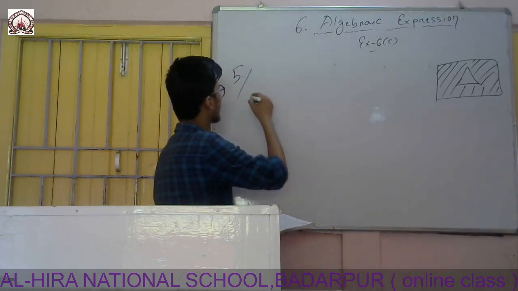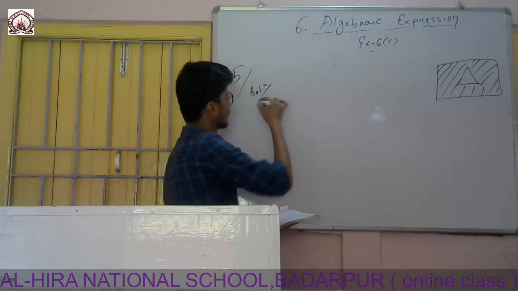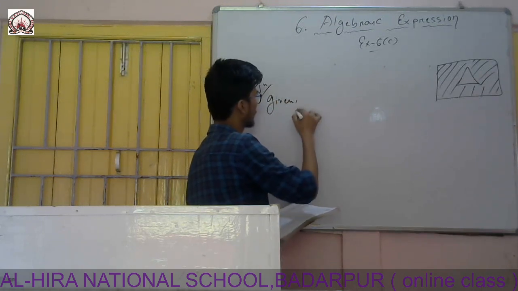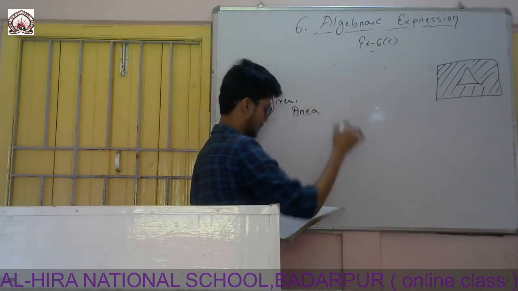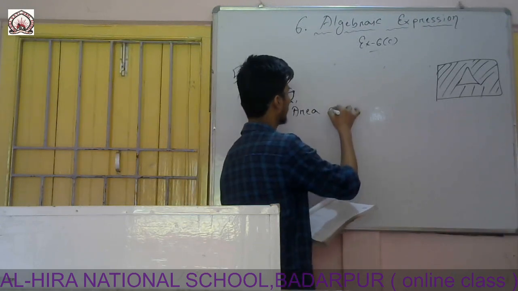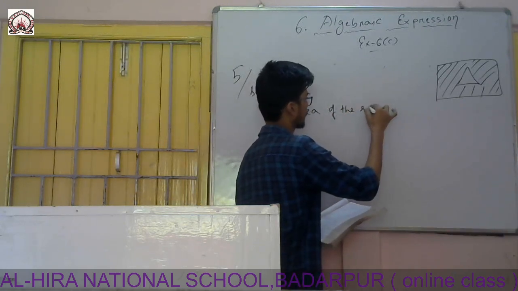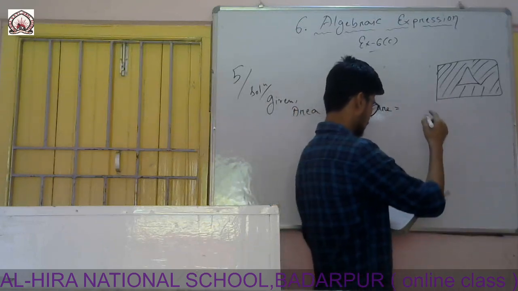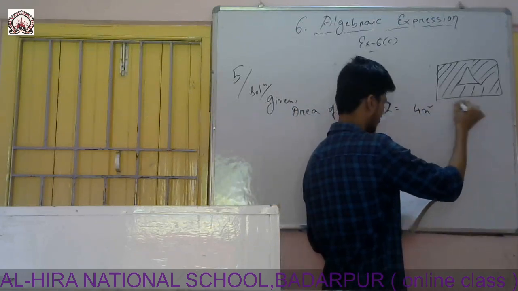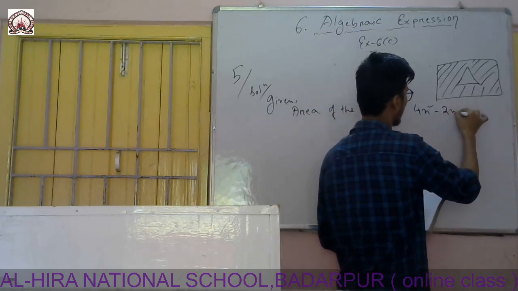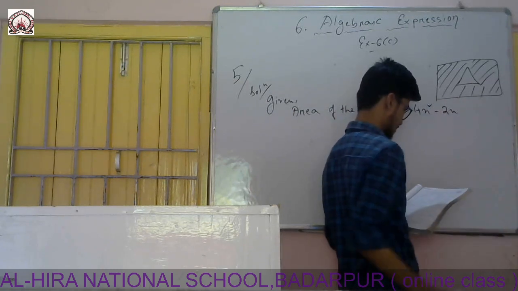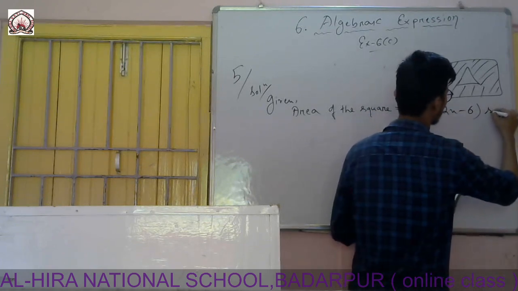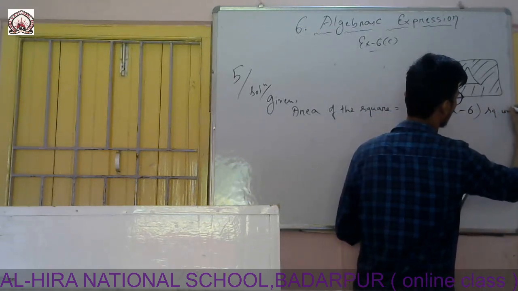So first of all I will write given area of the square is equal to 4x square minus 2x minus 6, and the unit will be square unit.